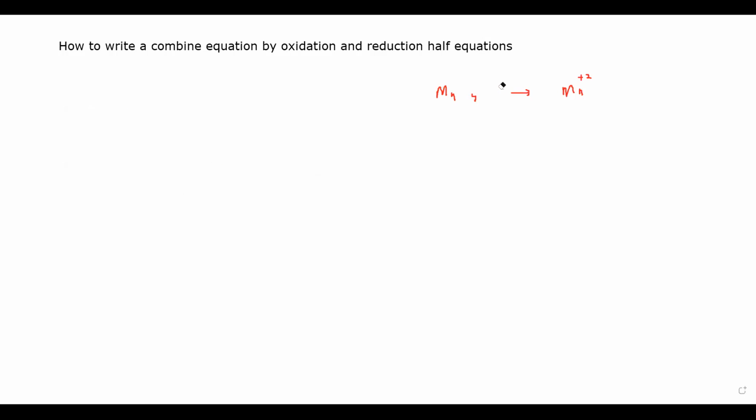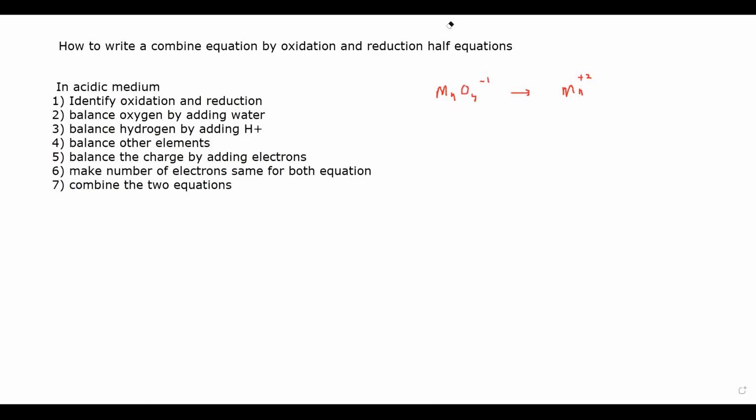MnO4 is changing into manganate ion, changing into Mn plus 2. What is this change? Oxidation or reduction? This change is actually reduction.